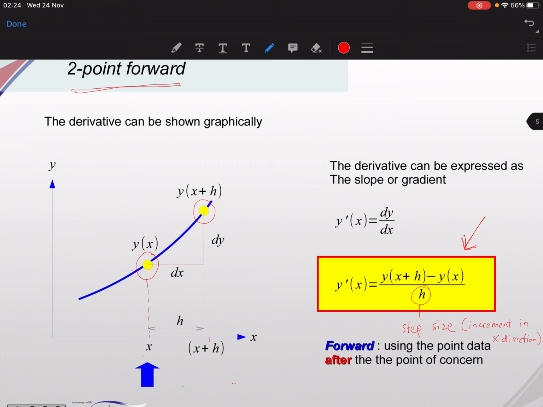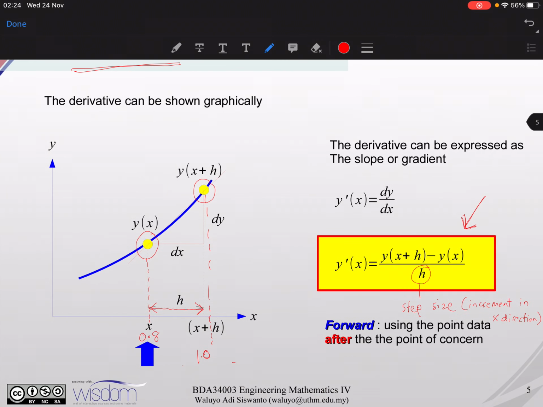Let's say I put the value of x as 0.8 and x plus h as 1.0. So we know that h is the distance in the x direction between 2 points. So for this one, h would be 0.2. I hope from here you can understand more what h is.